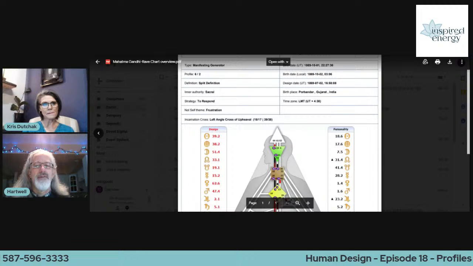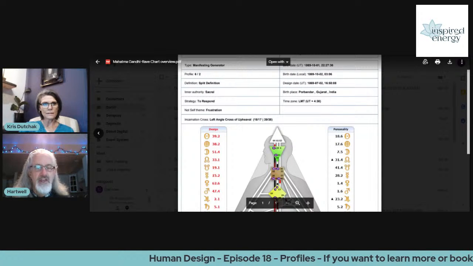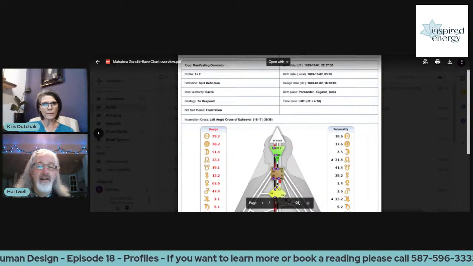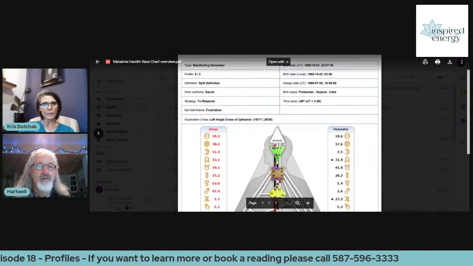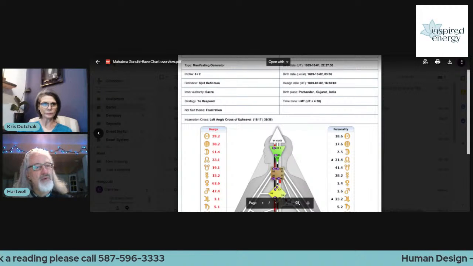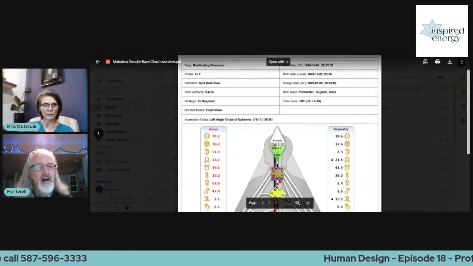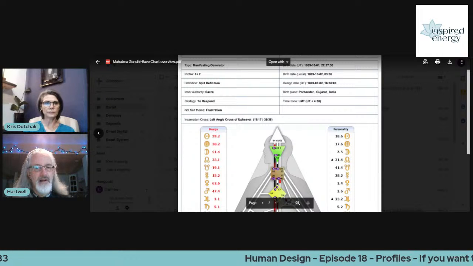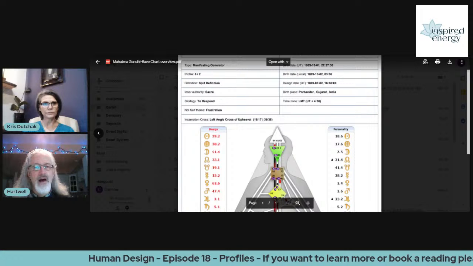If you look at the top of those two columns, the personality column and the design column, you will see that the sun and the earth on both sides are in their respective gates. We're looking at the chart of Gandhi as our example. The sun is in gate 18, line 6. That's the line number, and the gates have line numbers throughout.